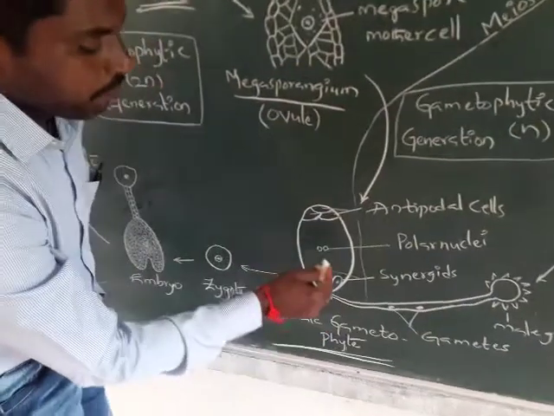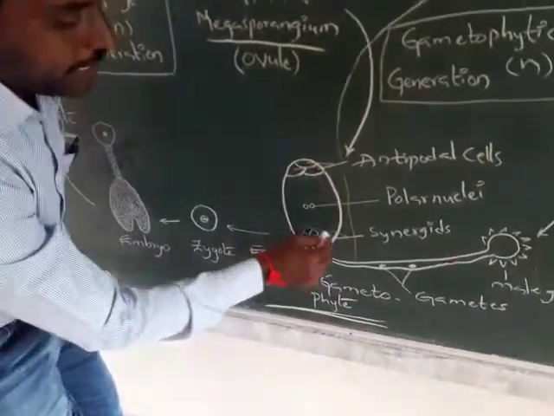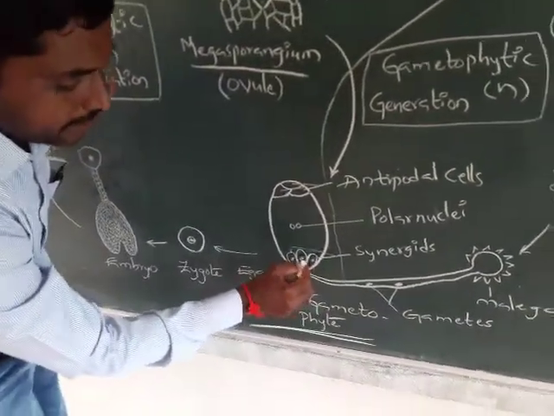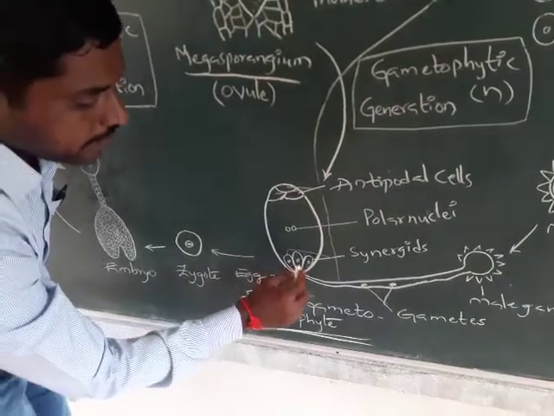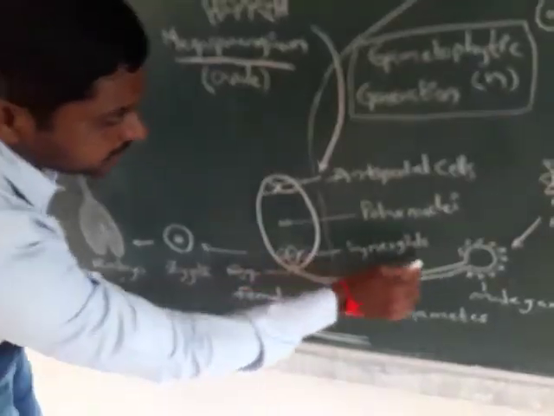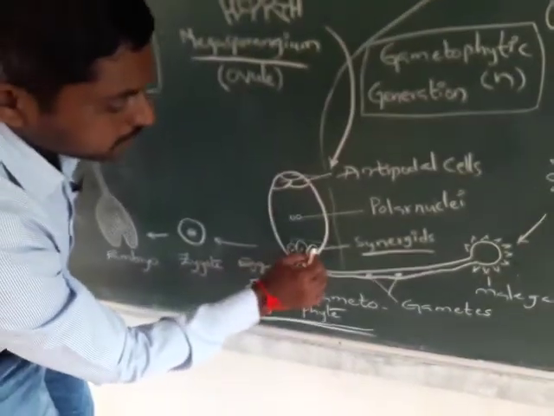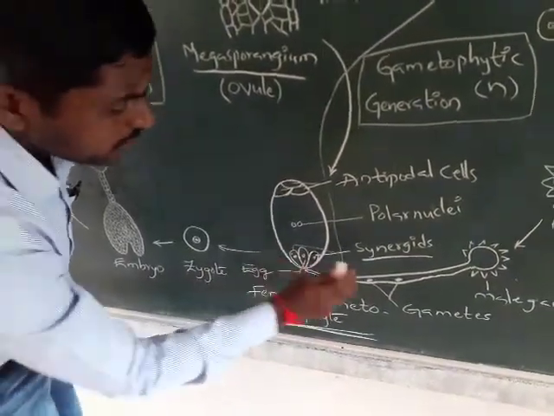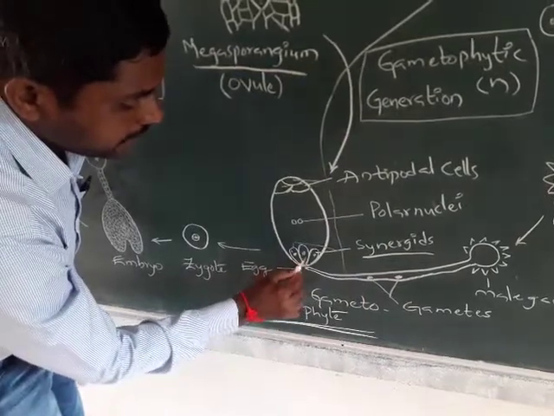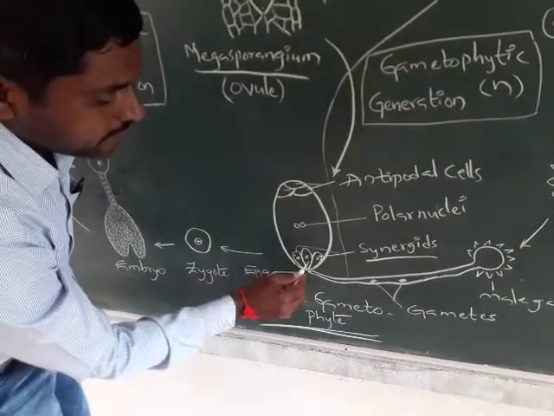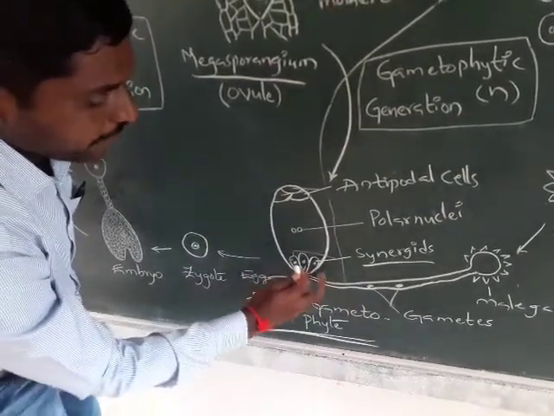It has one egg apparatus. The egg apparatus consists of two synergids and one egg cell. This is called the egg apparatus.